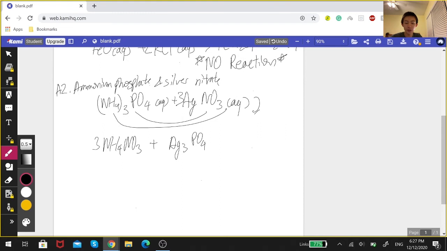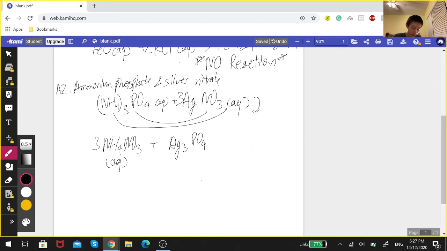And what do we have here? NO3 is nitrate, and all ammonium and all nitrates are aqueous. So this one's aqueous. And next I have Ag3PO4.